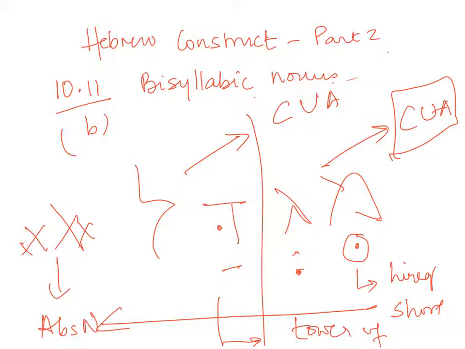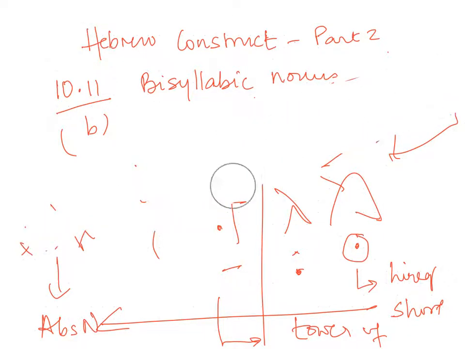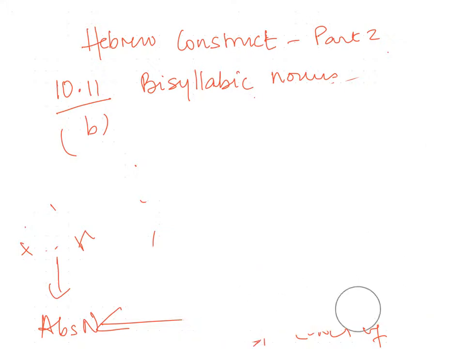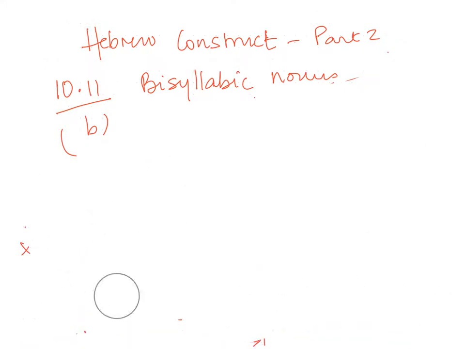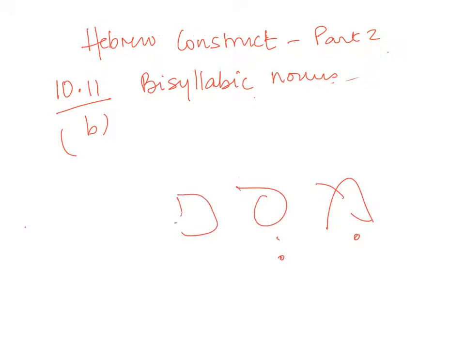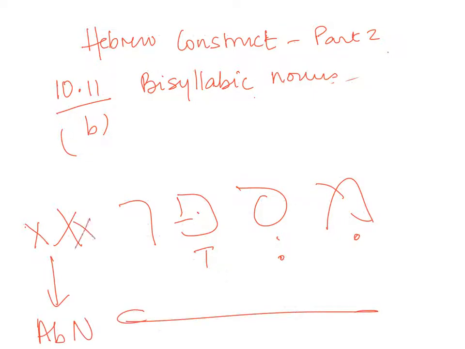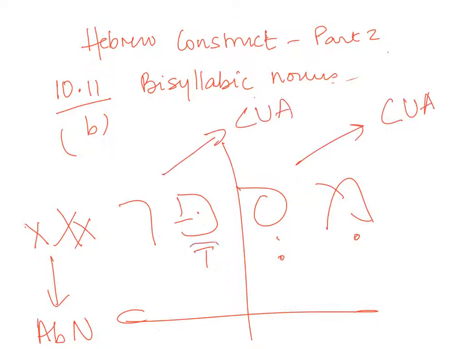Let me show you another example. All are taken in order sequence from the Page Kelly book from 10.11b, so you can follow it in your Page Kelly. Mispar. Okay, and this is my absolute noun. The accent has moved there. This is a closed unaccented, and this is also closed unaccented. This is a kamets.